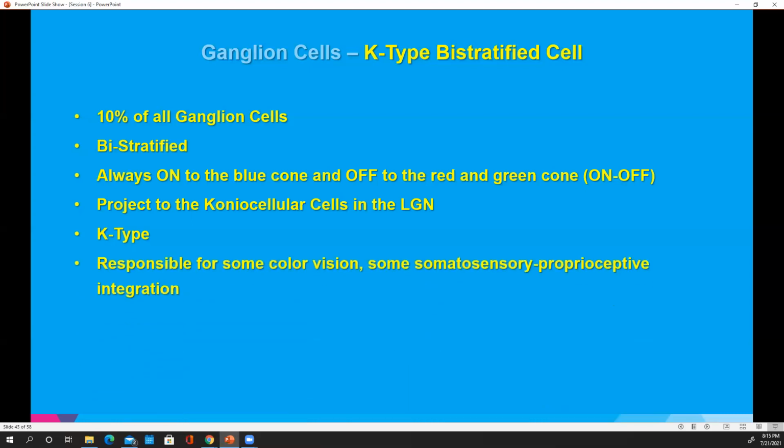So remember, this is responsible for some color vision. We think blue-yellow kind of vision, and some kind of integration, kind of somatosensory, sort of proprioception, close your eyes, you know where you are, kind of weird stuff, right? It's meant for that. It's a special guy. He's always on to the blue and off to the green. This is the idea.